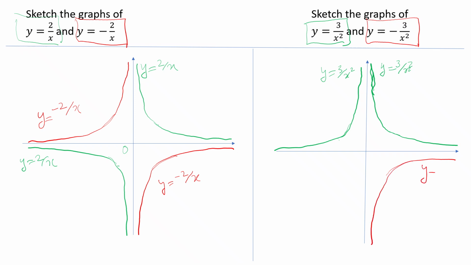This is y equals negative 3 over x squared. When x is negative, x squared is positive, so y is negative. So the graph will be in the third quadrant. y equals negative 3 over x squared.